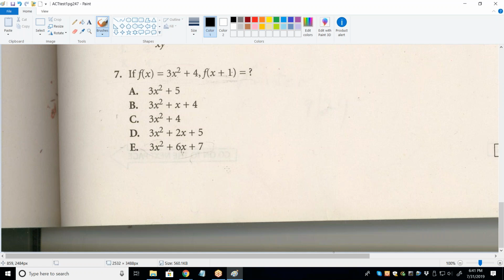All right, if f of x equals 3x squared plus 4, what does f of x plus 1 equal? What do you do with what's in the parentheses when you have a function?